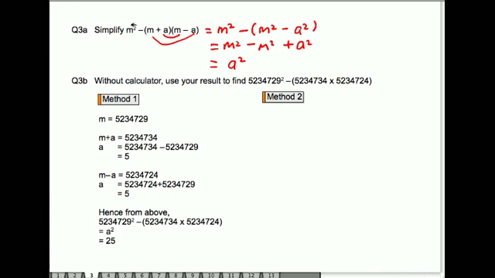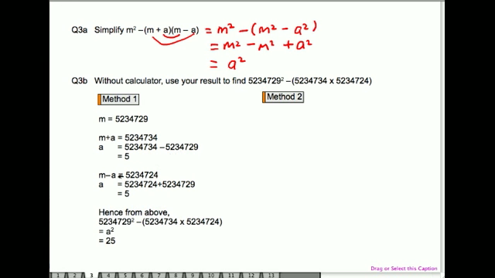So the square term simply tells us that m must be this value, and m plus a is this first number, m minus a is the second number. Thus, if m is the first value, then m plus a will mean that this number minus m will give us the value of a.